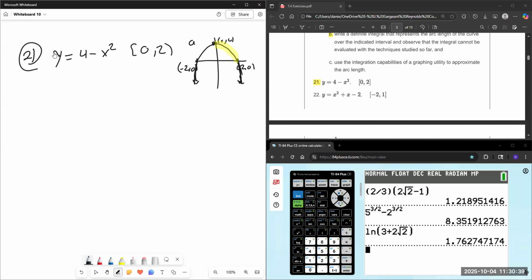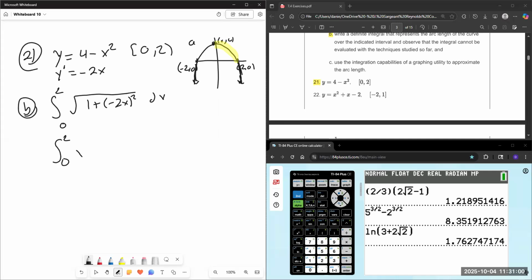So let's go ahead and write the integral for that for part B, and that's going to be 0 to 2. Let's see, y prime is going to be a -2x, so root 1 plus -2x quantity squared dx.